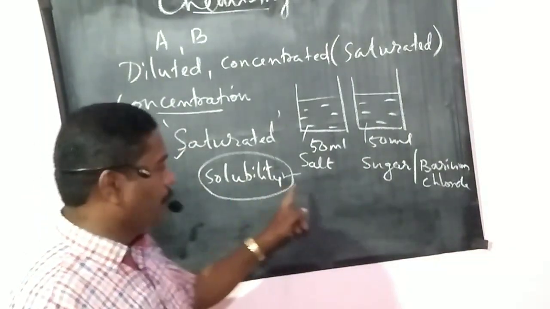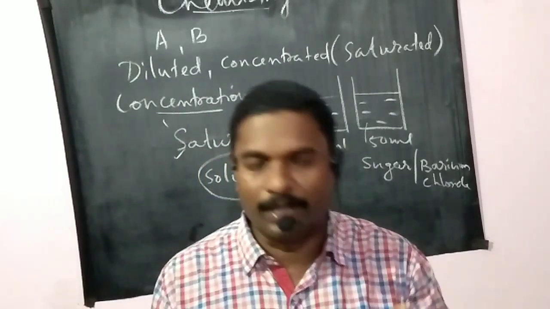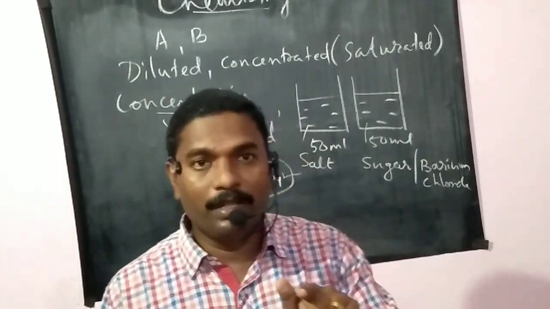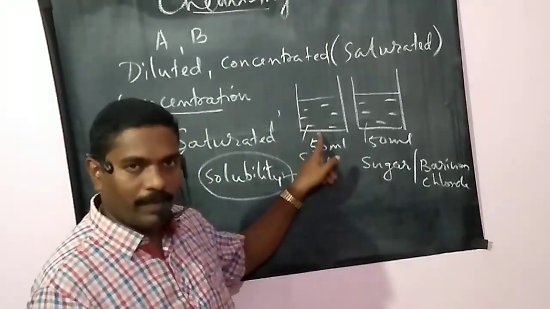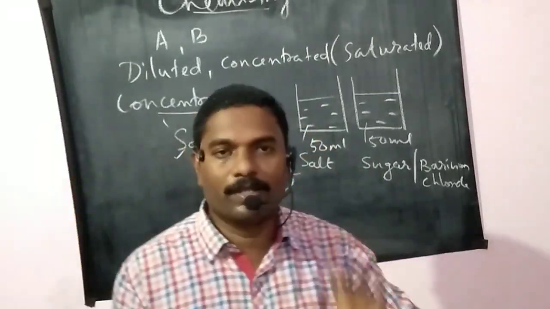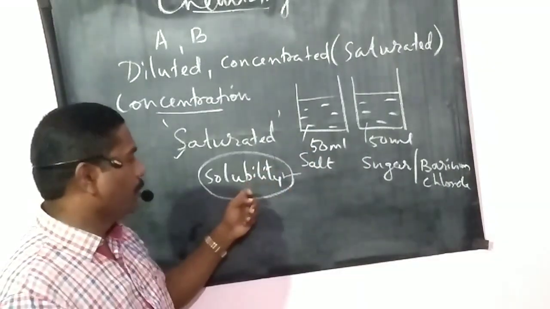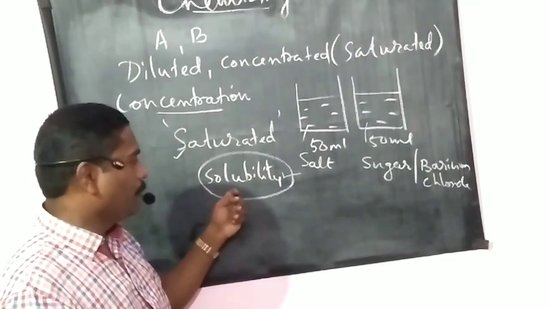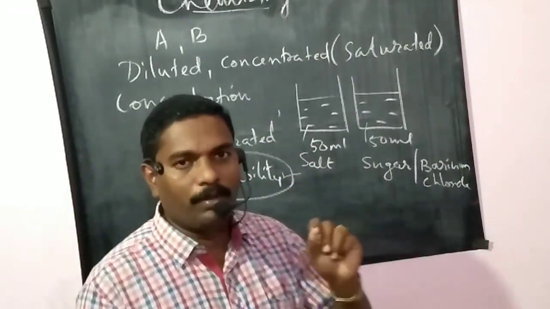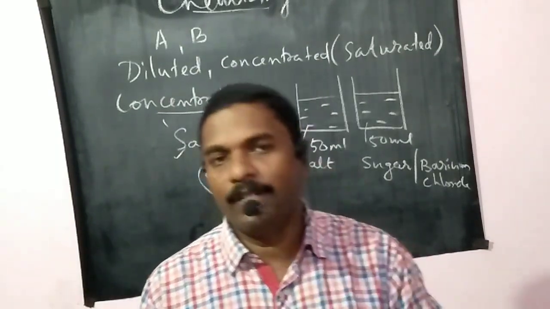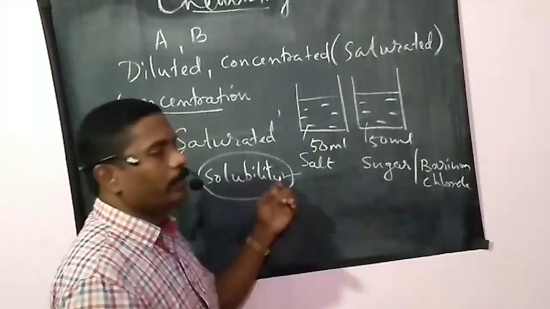So, solubility is the maximum amount of solute that can be dissolved in a specified amount of solvent at a particular temperature. And this is what we call solubility.